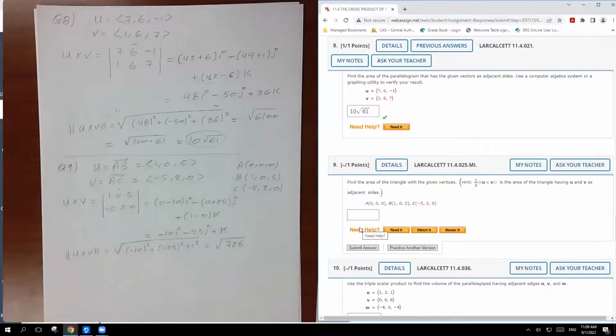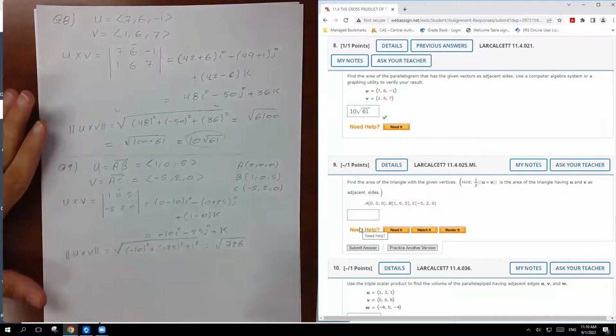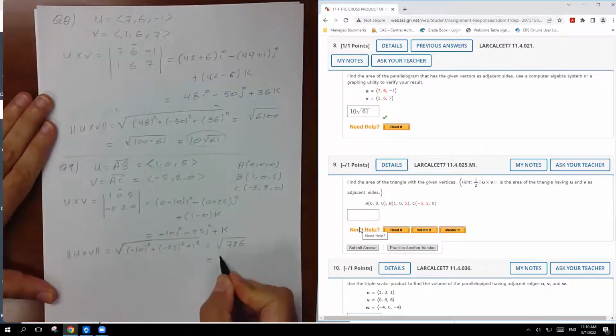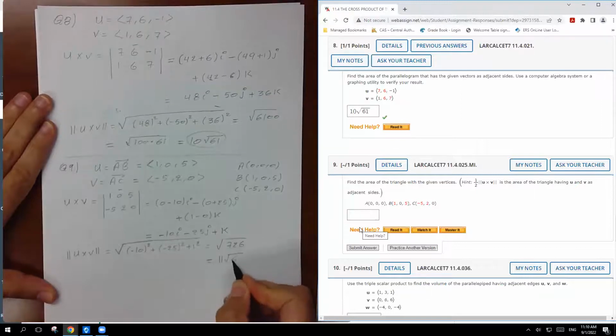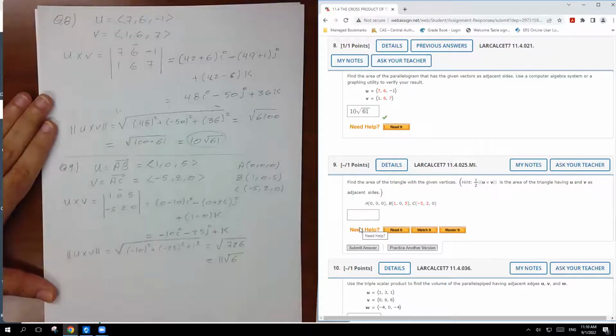The square root of 726 is 11 square root of 6. So now the last step, we're just going to divide this one by 2.